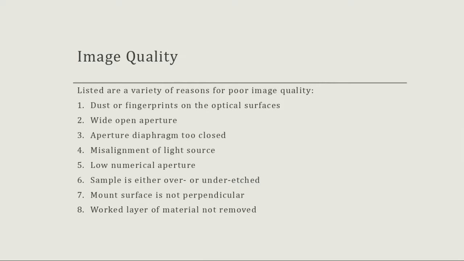Low numerical aperture, just as we saw in the previous slide with the perlite examples: the lower the aperture number, the less resolution that you'll have. Samples being either over-etched or under-etched, a mounted surface that is not perpendicular to the light, and a worked layer of material that has not been removed.